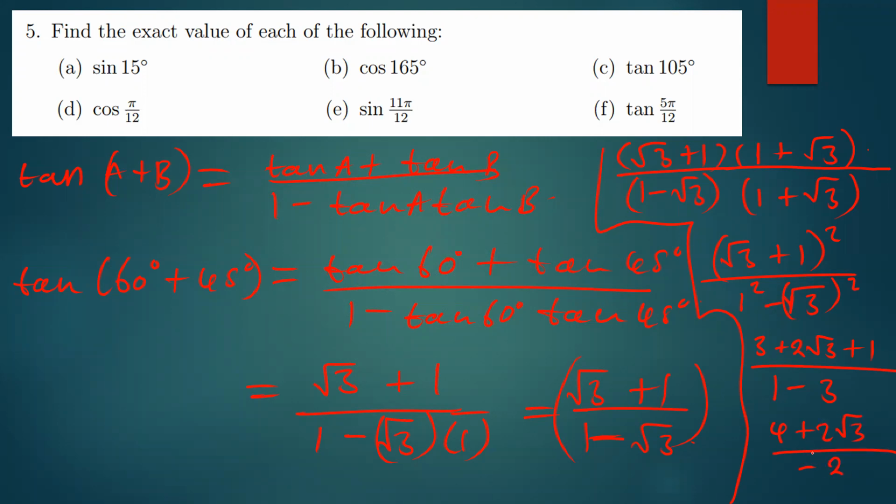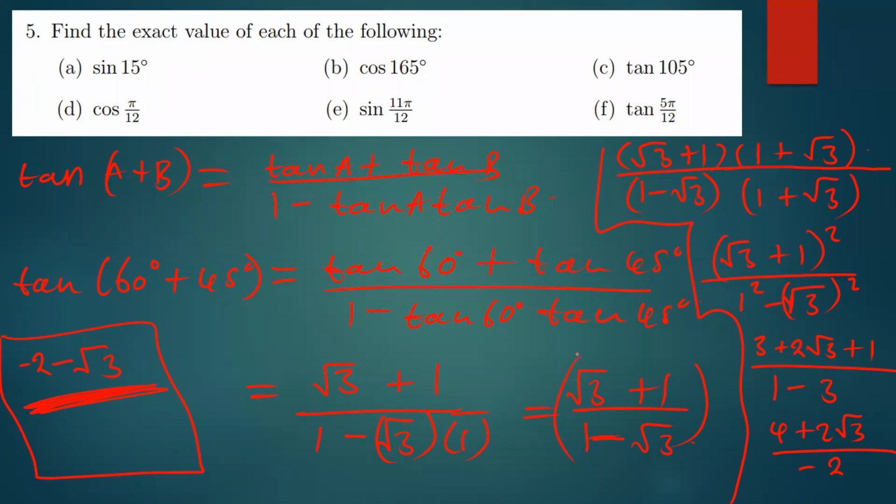When you simplify this further, negative 2 into 4 gives negative 2, and negative 2 into positive 2 root 3 gives negative root 3. So the final answer is negative 2 minus the root of 3.